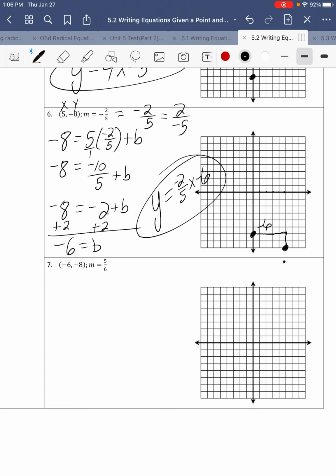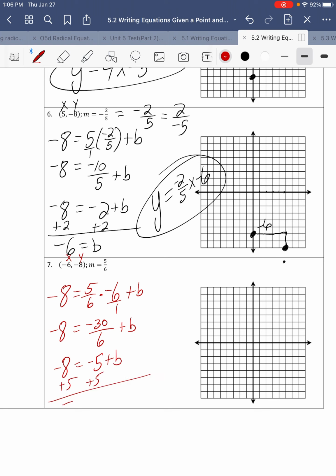And the last problem is we have our x and y. -8 equals m times x plus b. I'll do it right this time. The x is going to be 1 over 1. So you have 5 times -6 is -30. 6 times 1 is 6 plus b. -30 divided by 6 is -5.